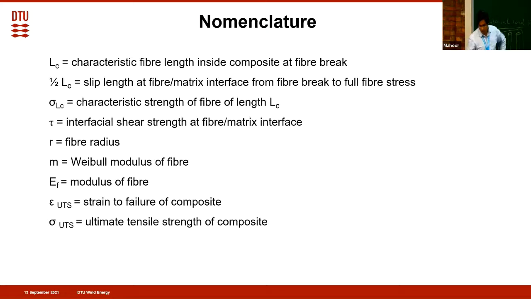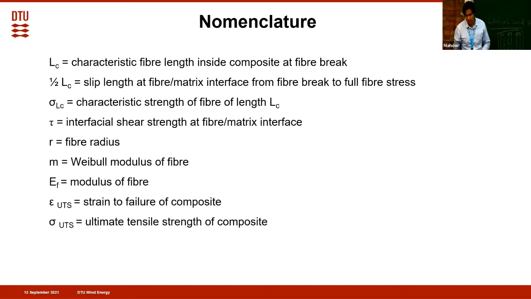EF is the modulus of fibers, and then these two, I think all of us know: the strain to failure of the composite and the ultimate tensile strength of the composite. The 3 terms here form quite an important part of that derivation.